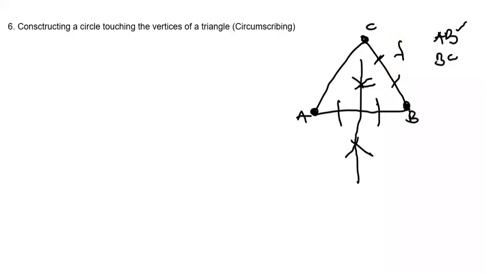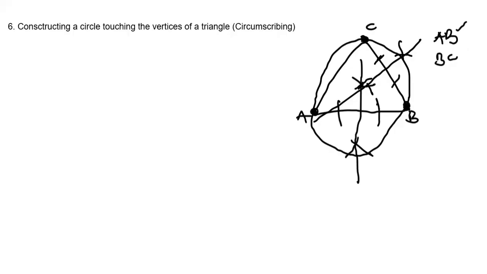Still on the other part, on top and below. Then lastly, you join the two arcs carefully. At the point of intersection, put your compass there, extend it to one of the sides. Then you just draw a circle. This is just a sketch.